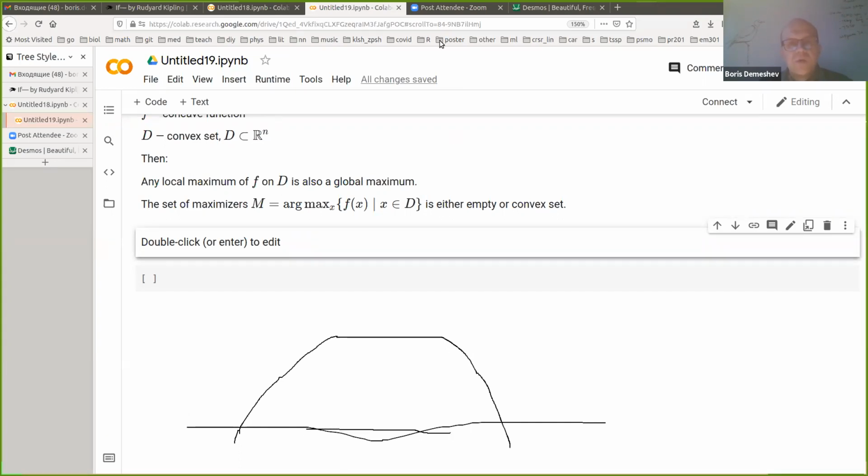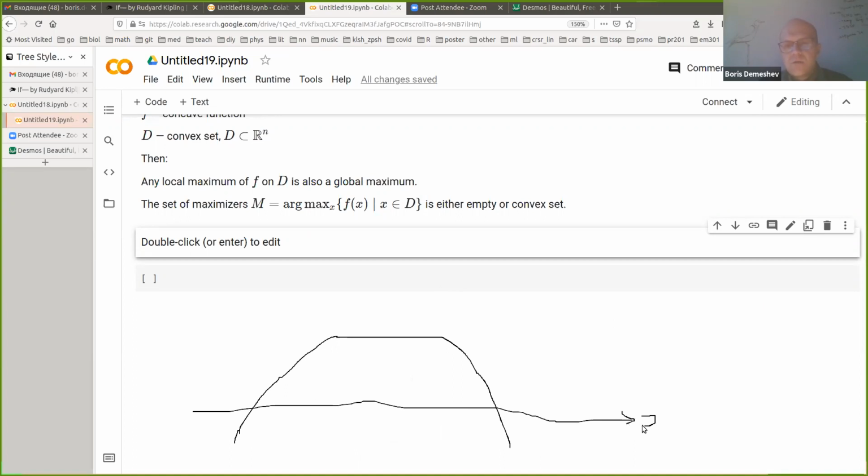This is my function f, and this is x. Maybe next time I will just insert Python or R code to draw a function. And in my case, this is just the set of maximizers M.